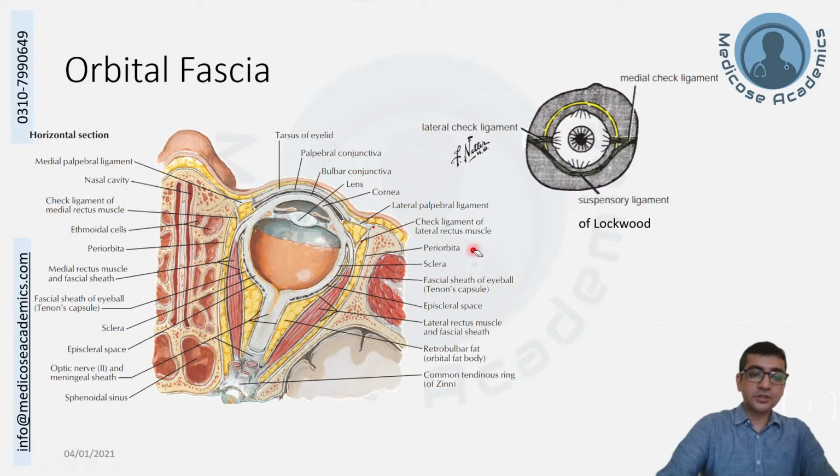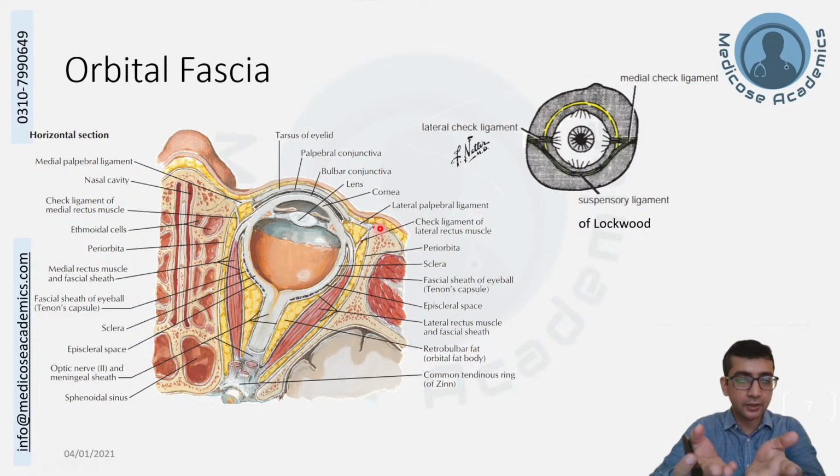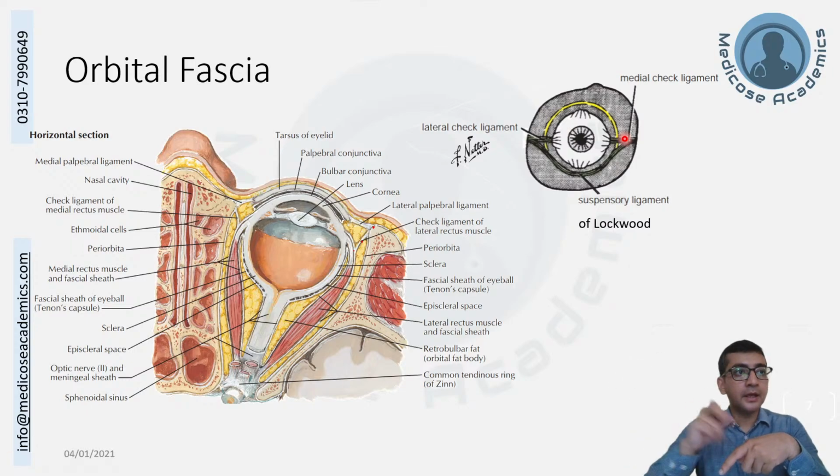This fascia, this Tenon's capsule or orbital fascia, is especially thick on the undersurface. It is shown in this picture of the Snell. Because it is very thick on the undersurface, it is actually holding the eye like a hammock. A hammock is a bed made up of a piece of cloth hanging between two trees.